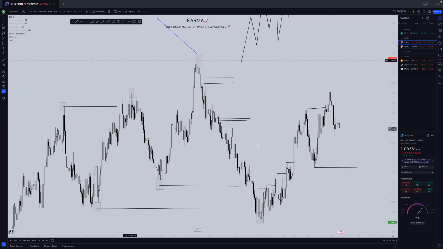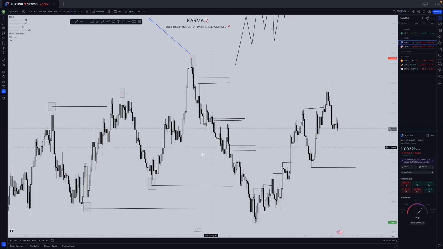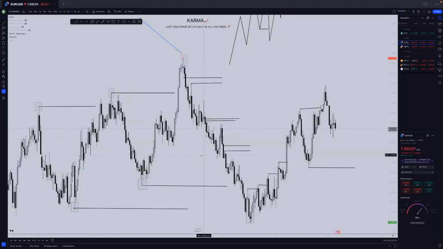A wick to wick. Now, those are our reference points. That area is our reference point. Now, to know which type of wick to wick we are going to pay more attention to, this is where it comes in.